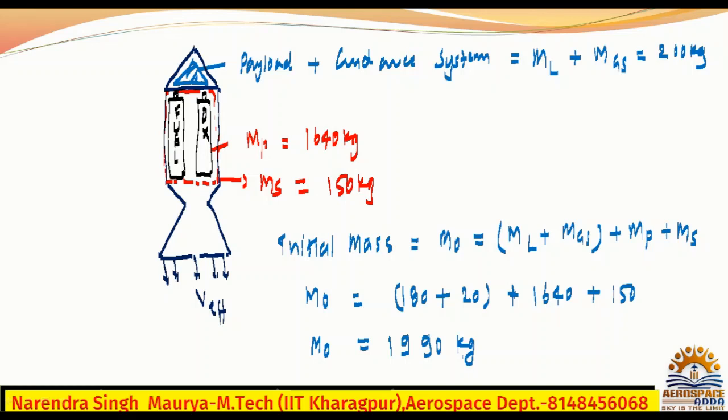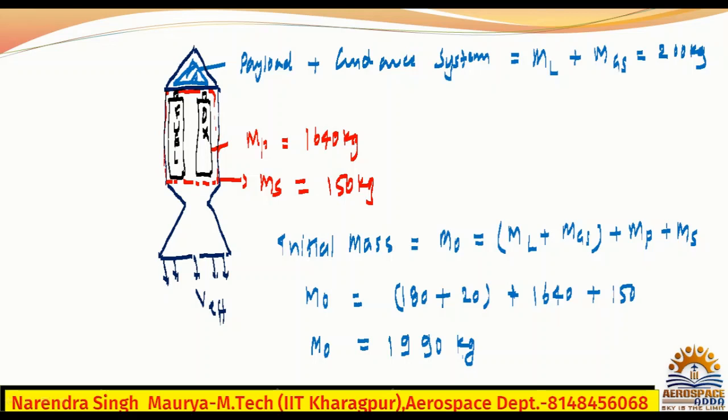Initial mass means during the lift off condition, during the launch condition, what is the total mass? Because suppose the payload is a satellite, then it will be placed in orbit, so that part you can remove at the end of the operation. But the mass of the propellant is continuously burning.